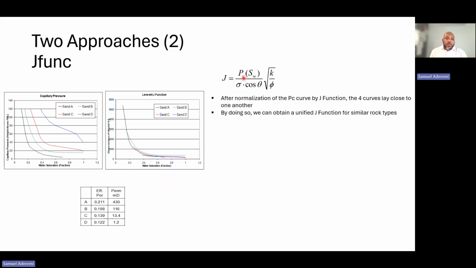But what the J-function does is normalize our capillary pressure curve to obtain a unified function, which can be used for similar rock types.